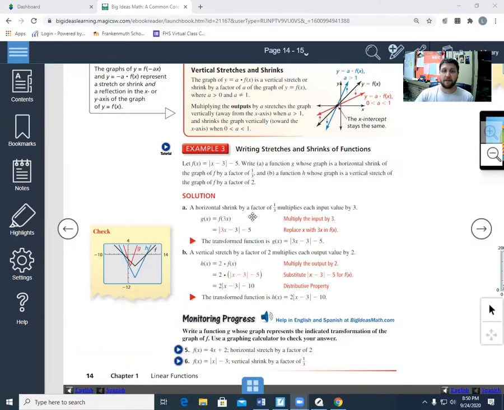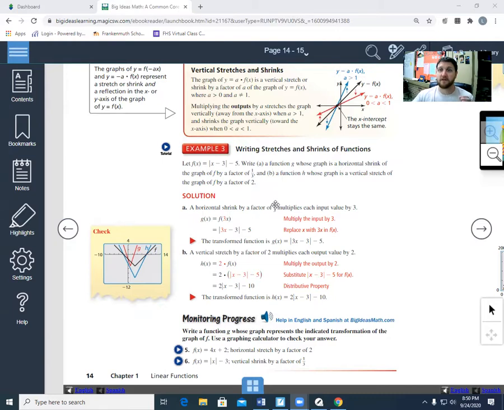Now what I want you to think about, and I'm specifically talking about A right here, is a horizontal stretch and a horizontal shrink. If I'm making something stretch by 5 times itself, 5 times as big as it's supposed to be, that means I'm going to have to do something with my values. Notice right here it says I want to shrink it by a factor of 3.